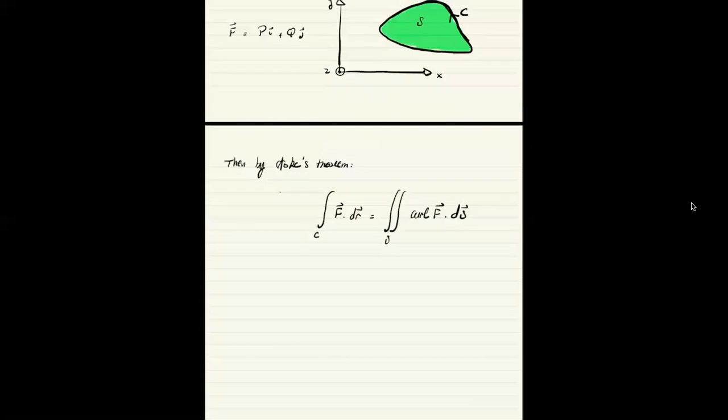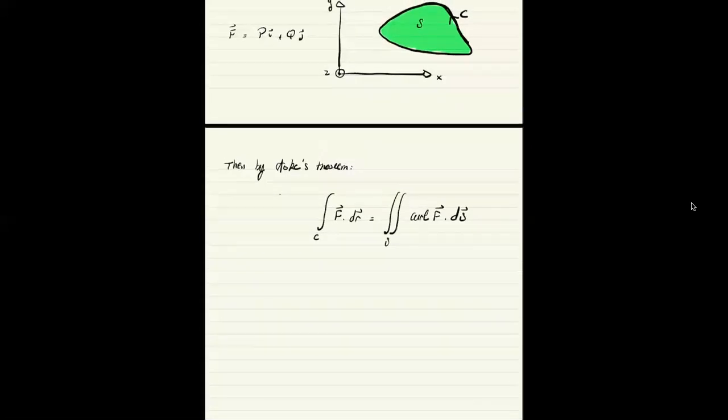Now, what is dS? Remember what is dS? dS is always the normal vector times dS, the scalar element of surface that you're going to compute. Either it's a parametric surface, in which case you'll have to compute the norm of the cross product, right?